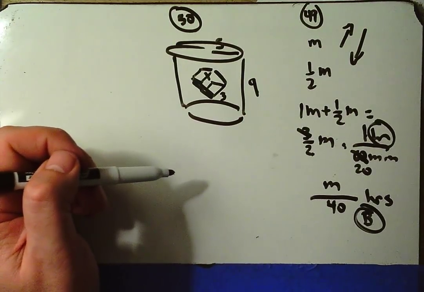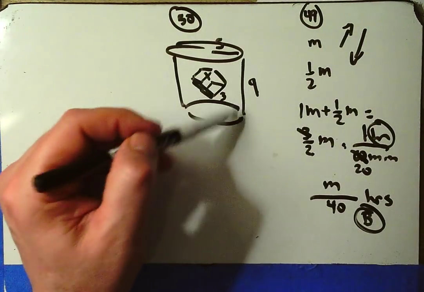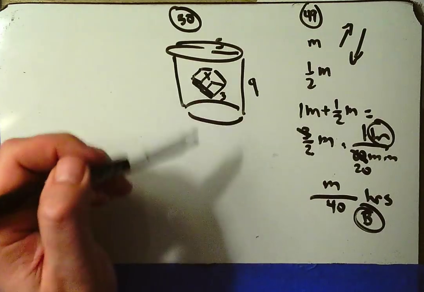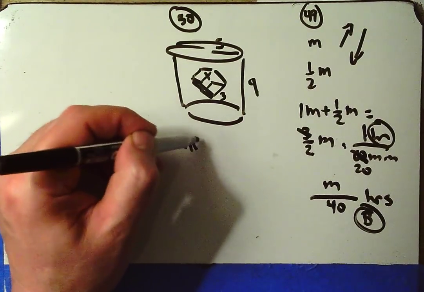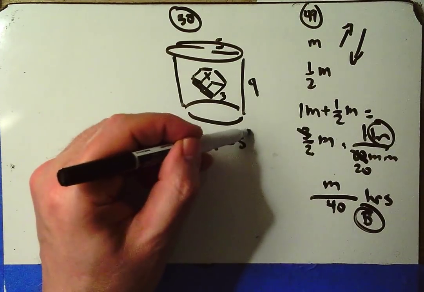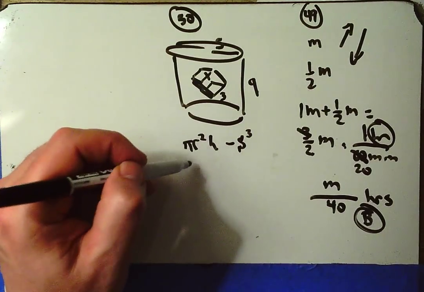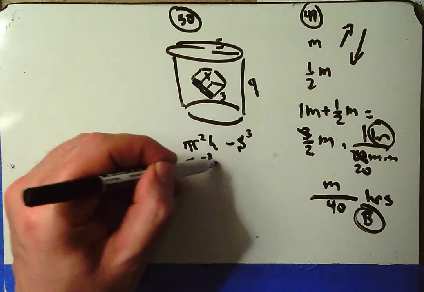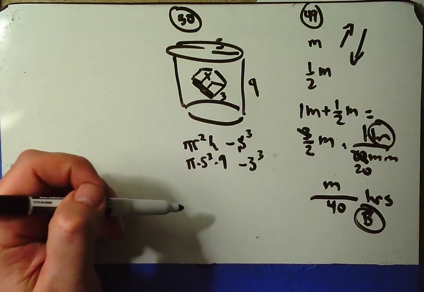So which of the following expressions gives the volume of the lemonade poured into the cup? Well, the volume of the lemonade is going to be the volume of the cup minus the volume of the cube. The volume of a cylinder is pi r squared h, and the volume of that cube is side cubed. So we've got pi times 5 squared times 9 minus 3 to the third.